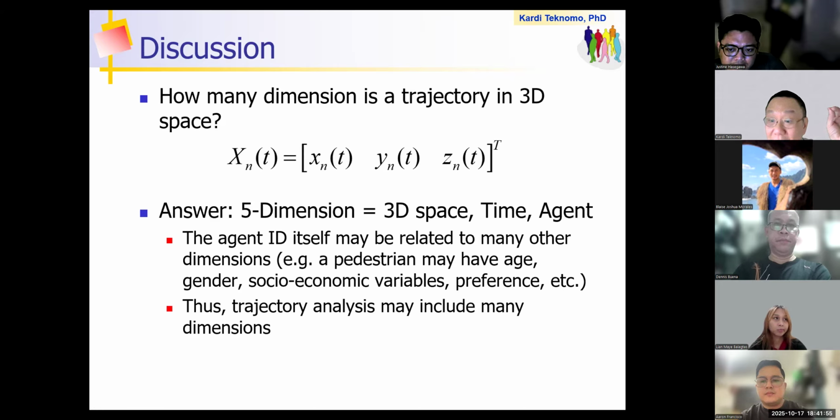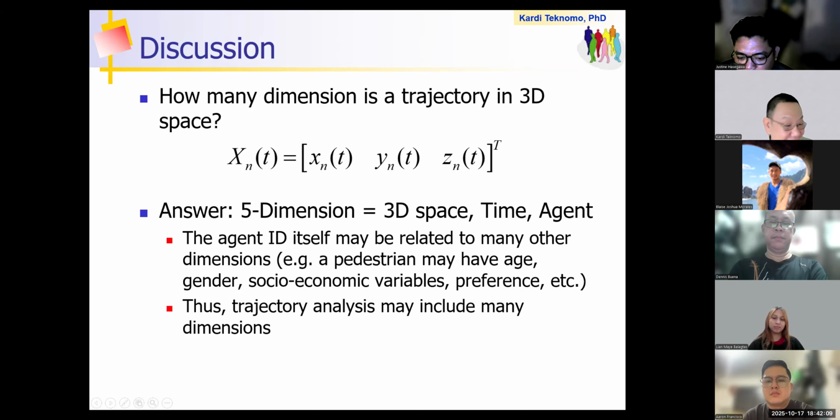Why? When you start to put in the agent, the agent ID itself may be related with the whole database: the age of that agent, the gender, the socioeconomic variables, their preferences, their shopping behavior, and so on. So you start to see the dimensions.